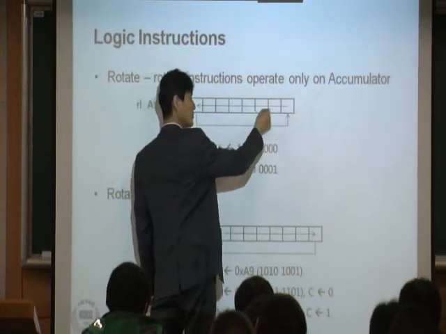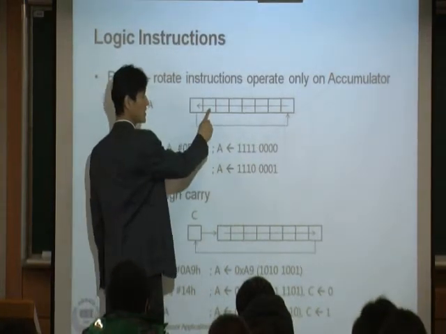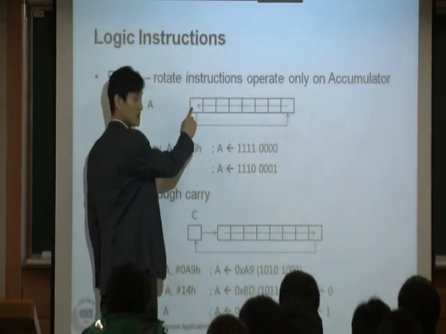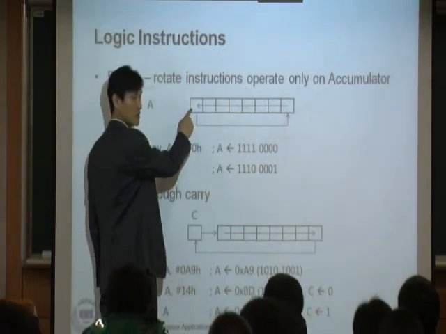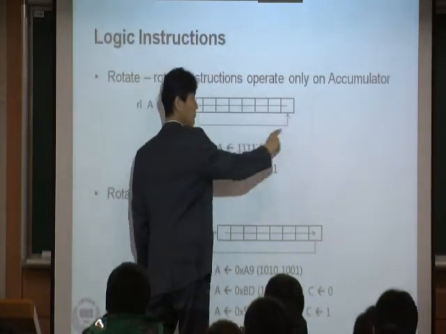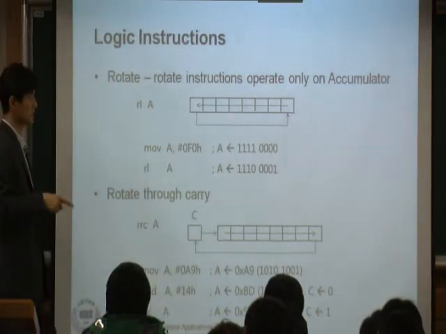You just keep moving to the left. Then this becomes bit 6, bit 6 becomes bit 7. And where does bit 7 go? That goes all the way back, and bit 7 goes back to bit 0. So that's a rotate, okay?